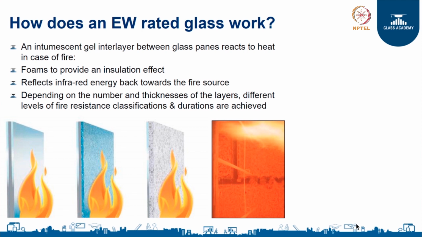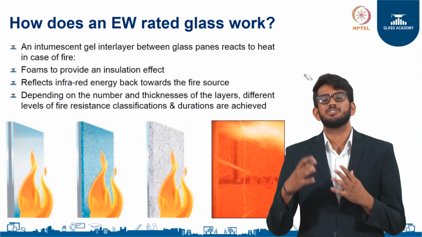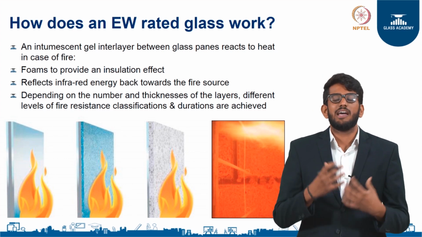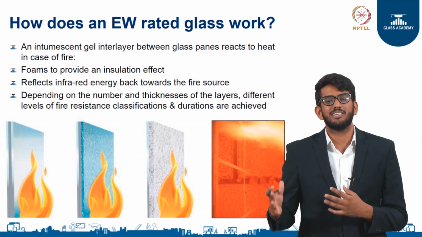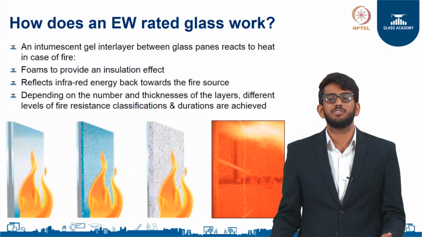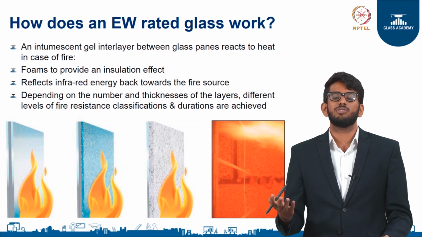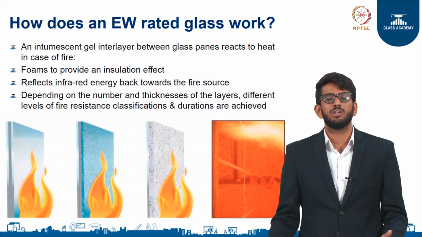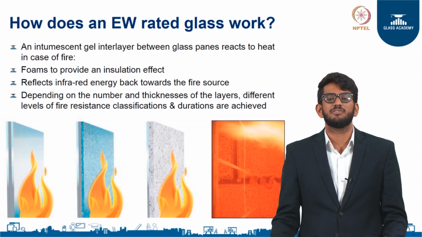So, during a fire, one of the glass panes breaks and exposes the interlayer in between to the fire, and this interlayer starts foaming up, which is what you would have seen as a white reaction in the video that you just saw. So, based on the thickness of the interlayer we are able to achieve, and also based on the quality of the base glass and a lot of other parameters, we are able to achieve higher levels of fire protection.